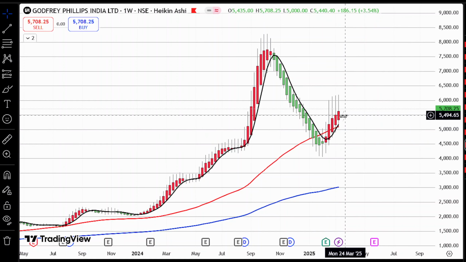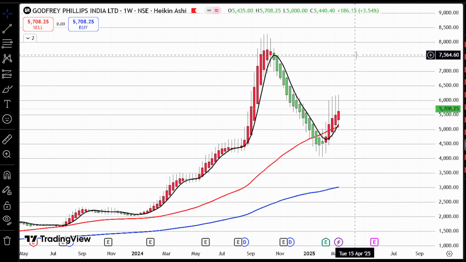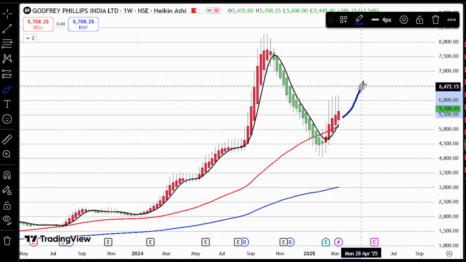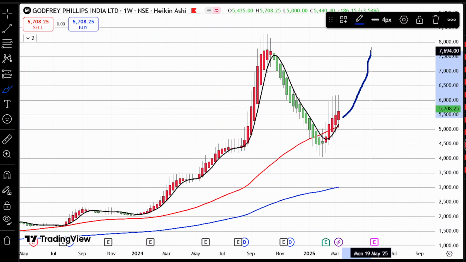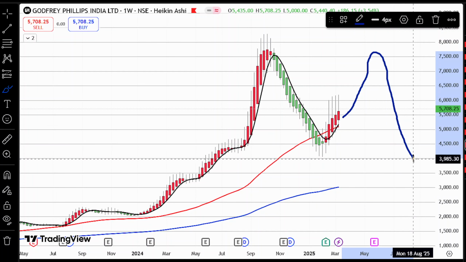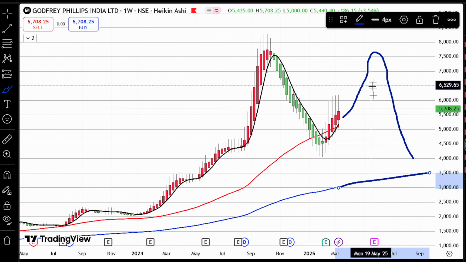If it continues upwards, it can retest here. One of the scenarios is it might just slowly grind its way back up here, lose momentum, and then crash down, because after all it's quite far from the 200 week EMA.